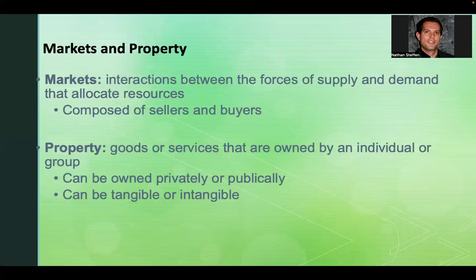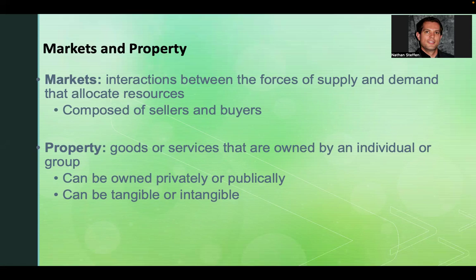Let's get back to the topic of markets and property. All economies are composed of markets and property in one shape or form, one way or another. Markets are arenas that allow people to trade property and exchange ownership.